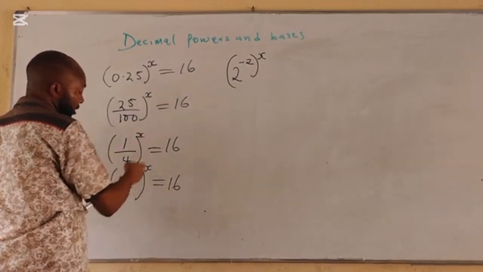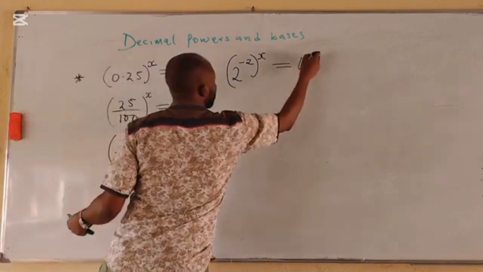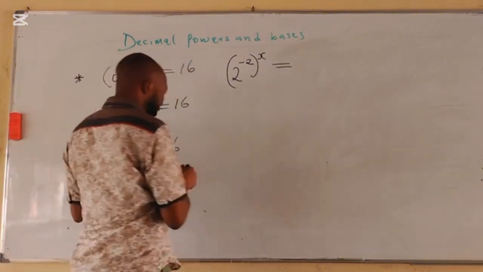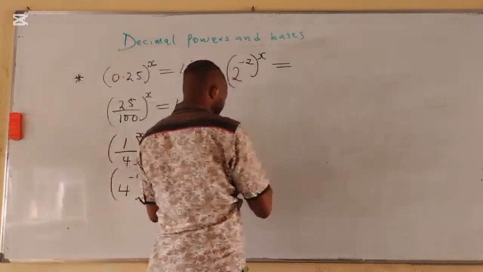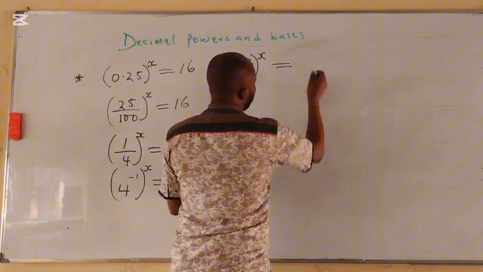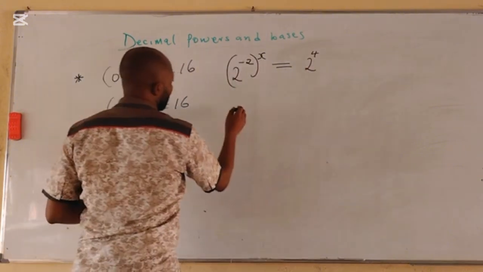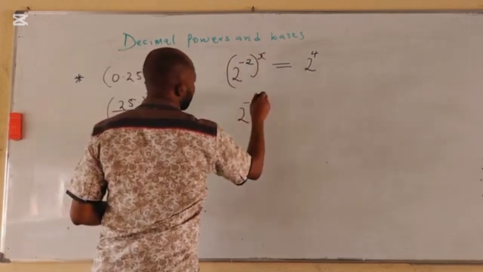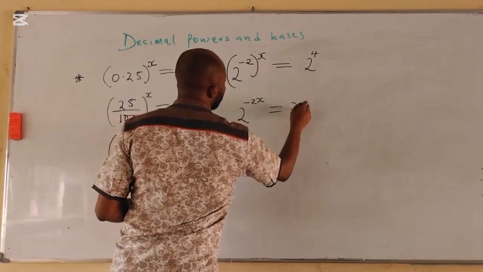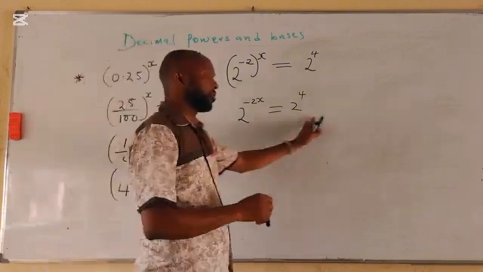So that is the same thing, all over 16. 16 now is 2 raised to the power 4. Two raised to the power 4 is 16. By the power's law, 2 raised to the power minus 2 times x, that is minus 2x, is equal to 2 raised to the power 4. So the bases are the same.